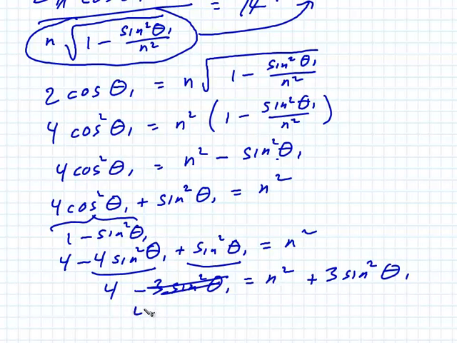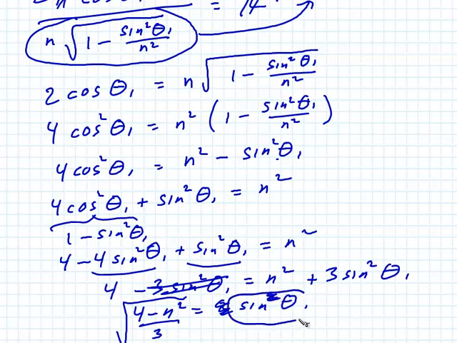So it's 4 minus n squared is equal to 3 sine squared theta 1. Bring the 3 down here. Take the square root. And that gives us the sine of theta 1 equals that. Let's take that to the next page.